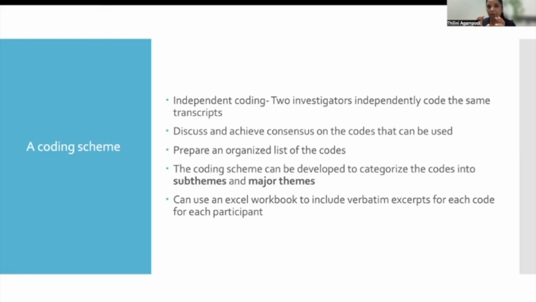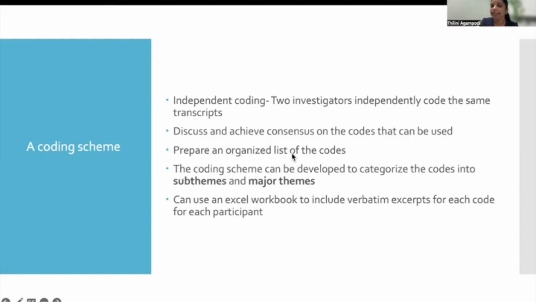Okay, these are the codes that we will use to code the rest of the transcripts. Initially, you code a few, say 3 or 4 transcripts independently, discuss, come to a consensus, and prepare an organized list of codes.